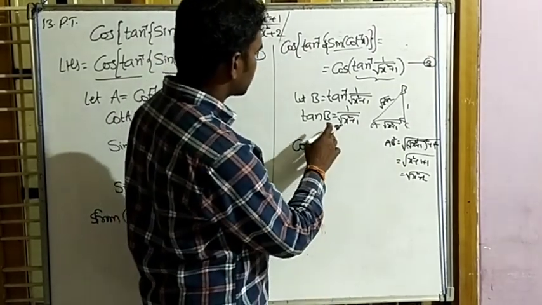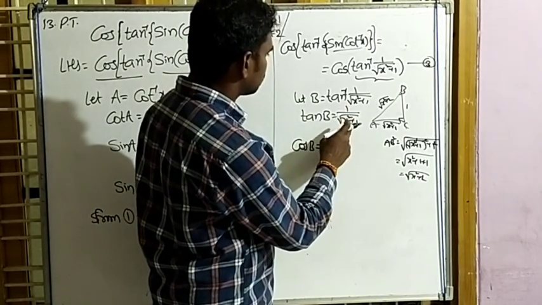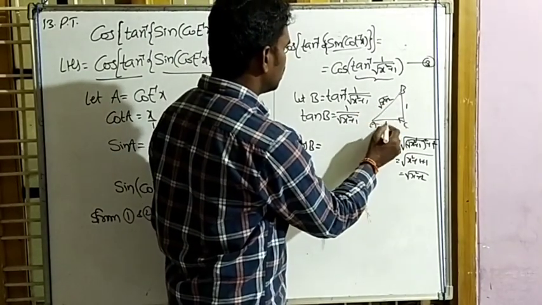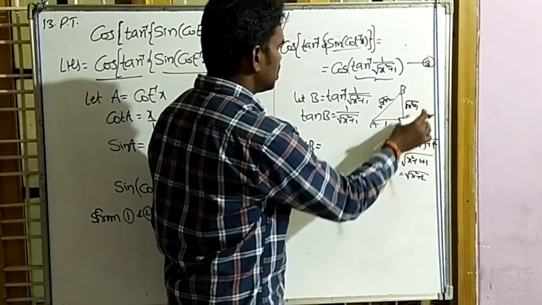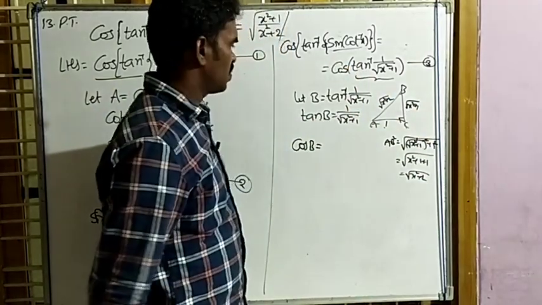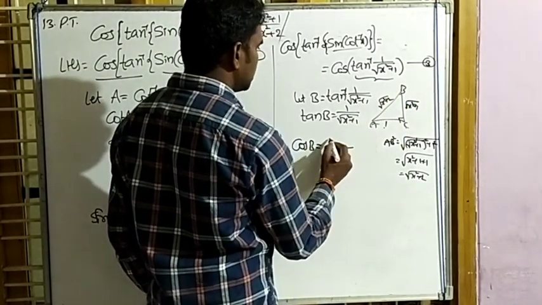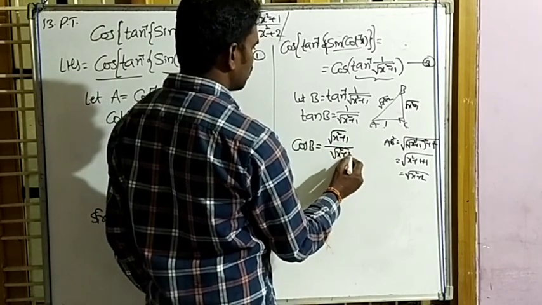Sorry, here tan is opposite by adjacent. Tan B, opposite is 1, adjacent is root over x square plus 1, and the hypotenuse is side square plus side square, this will be the same. Now cos B is adjacent by hypotenuse. What is adjacent? Root x square plus 1 by hypotenuse x square plus 2.